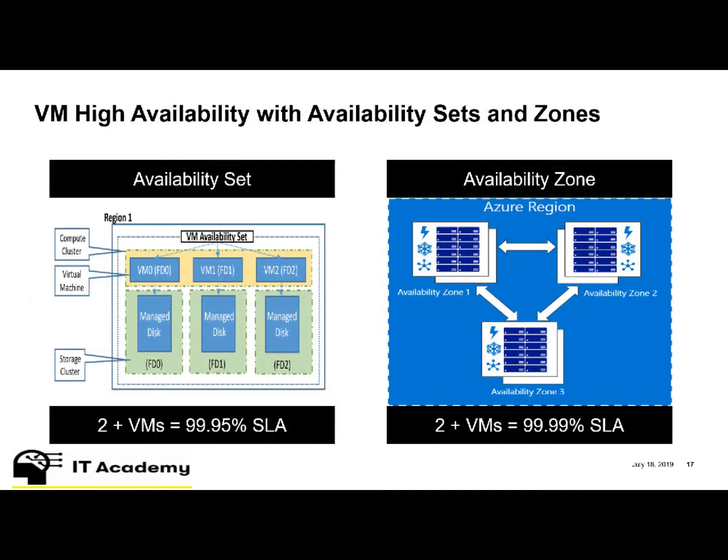It is important that we're able to articulate the difference between an availability set and an availability zone. With an availability set, we have 2 or more virtual machines in a cluster or that are load balanced, and they all run on managed disks or on storage that is itself clustered. If we move over to an availability zone, we get a 99.99% SLA. What that means is those workloads are separated out into different facilities within the same Azure region. If you think back to the AZ-100 course when we discussed the fundamental building blocks of Azure, you'll remember that a facility is one building.